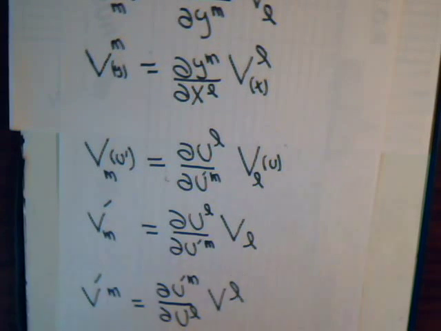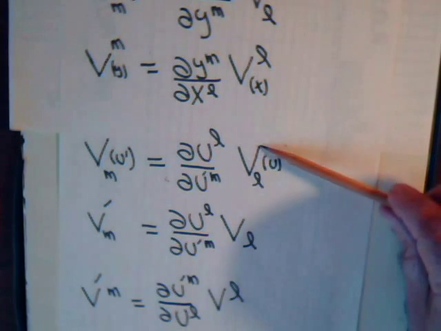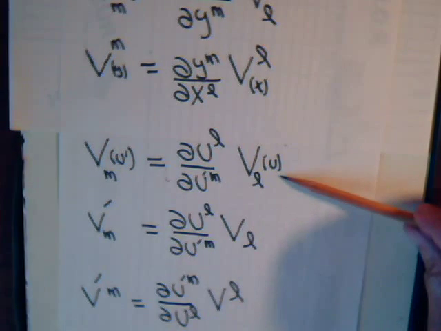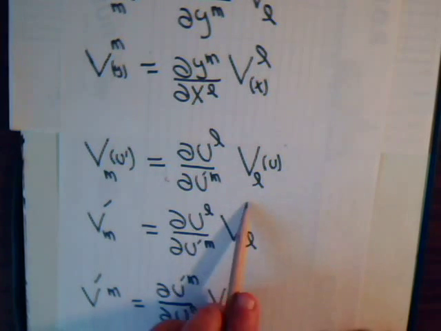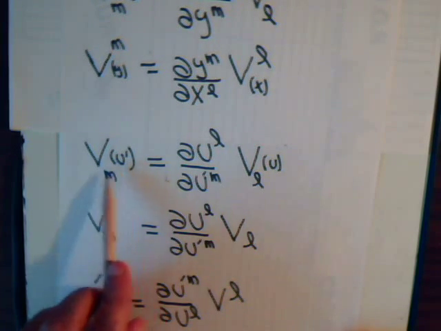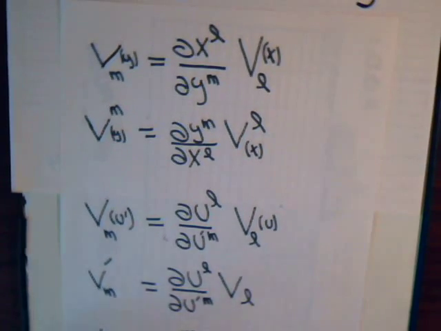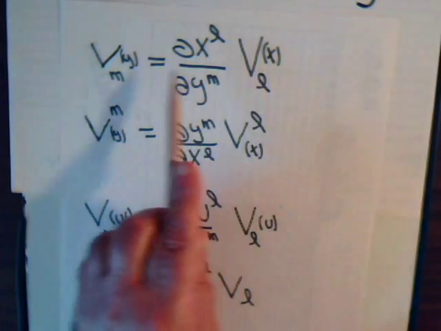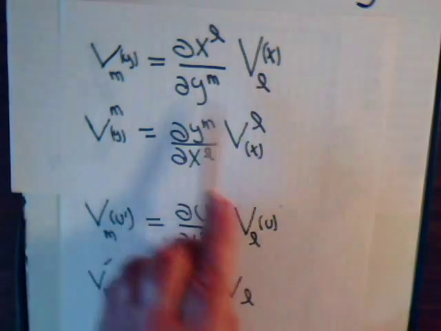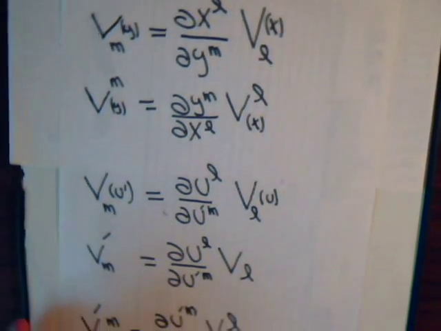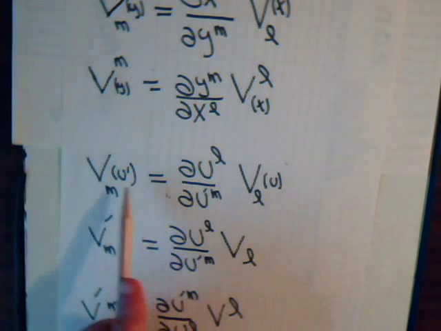Here are the covariant components of the vector in the u coordinate system, and here's how they would transform into the u' coordinate system. Now here, we were using the labels x and y so that we know which curvilinear system we were in, just like we did right here.